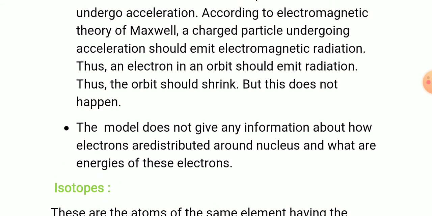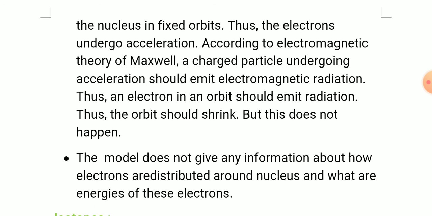The second drawback of the Rutherford atomic model: the model does not give any information about how electrons are distributed around the nucleus and what the energies of these electrons are.